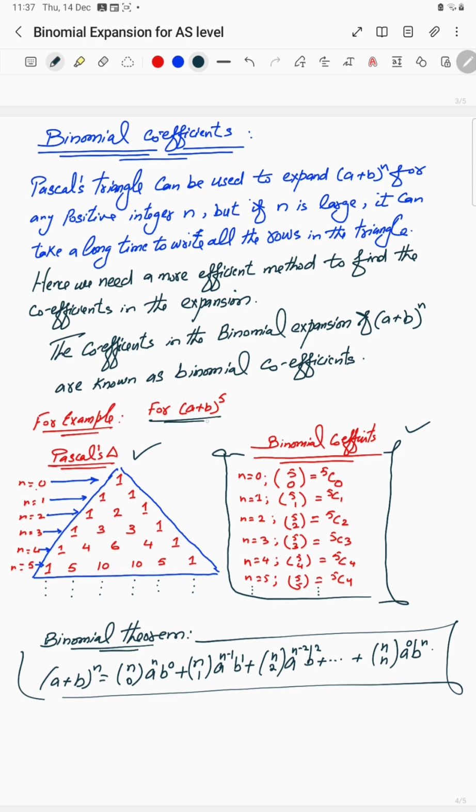For example, for the expansion of a plus b power 5, with Pascal triangles, as we have done before, the coefficients will be like when n is 0, 1, n is 1, 2, 3, and we know this one. For binomial coefficients, n is 5, so we will start from 5c0. It's a combination rule, and you can get it easily on the calculator.